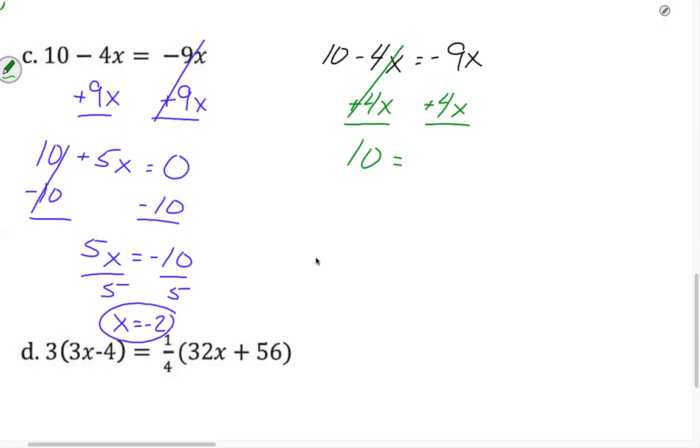And here I have 10 equals -9x plus 4x is -5x. And now I divide by -5. And notice I get x equals -2. So these are two ways to do the same problem, and they are both correct ways of doing it.